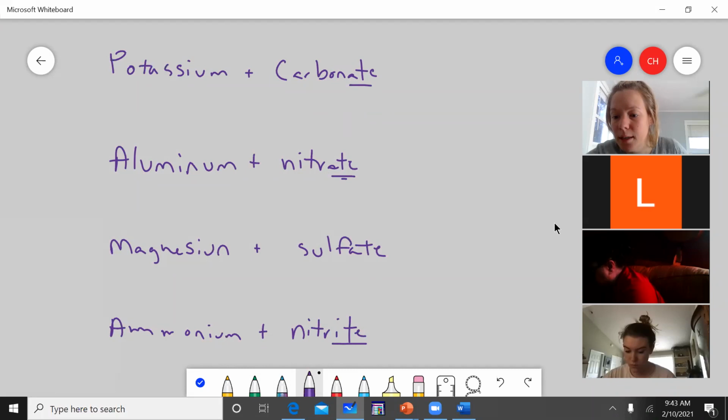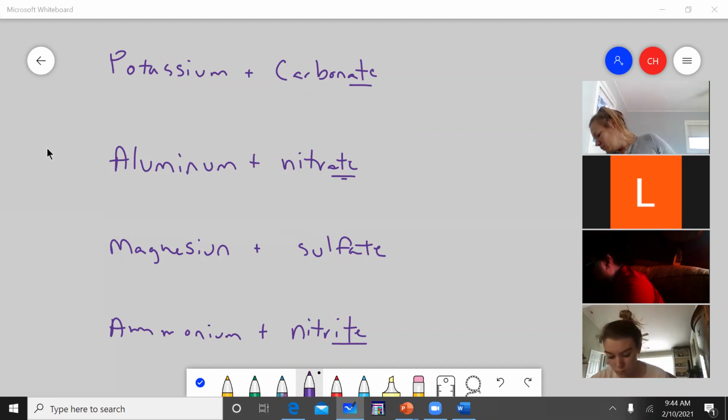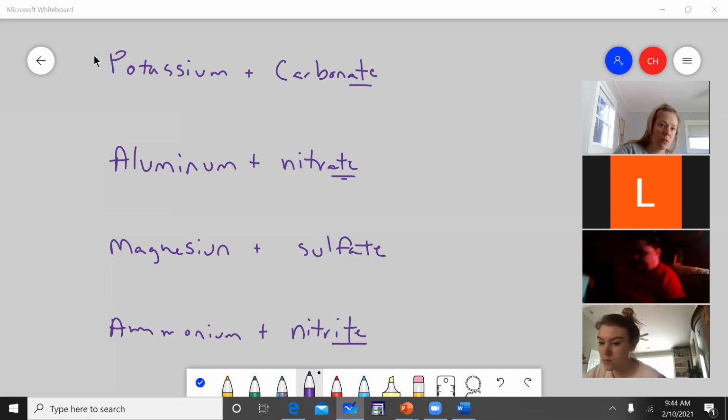But we will go over these in 4 minutes. And if you are needing a polyatomic ion sheet too, you can just on your computer, go to Google and type in polyatomic ions and it'll pull up something in the Google images.